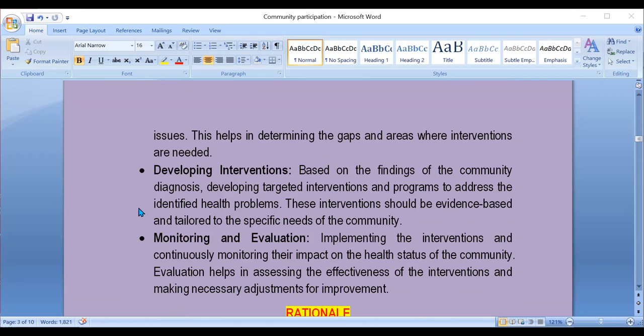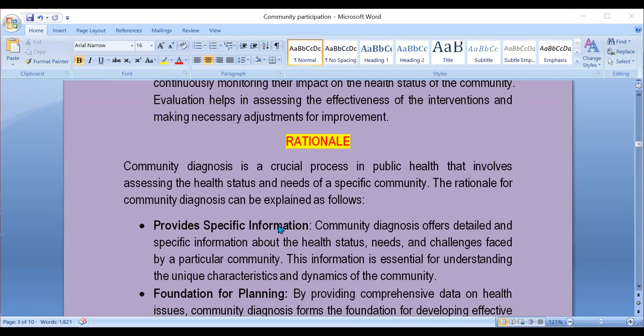We call them targeted interventions, that will be used to solve or address the identified health problems. And at the end of it all, you are going to be involved in monitoring and evaluation of the effectiveness of the targeted intervention.